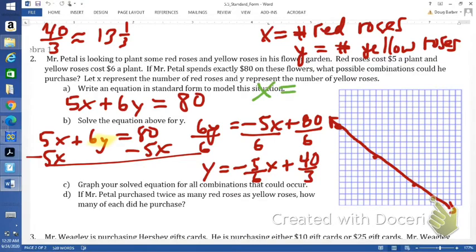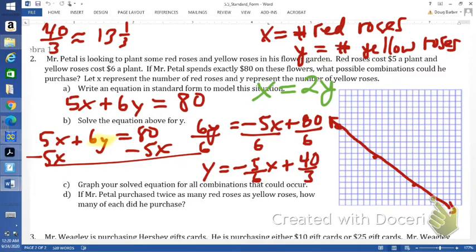And we know that the number of red roses is 2 times the number of yellow roses. Twice as many red roses as yellow roses.